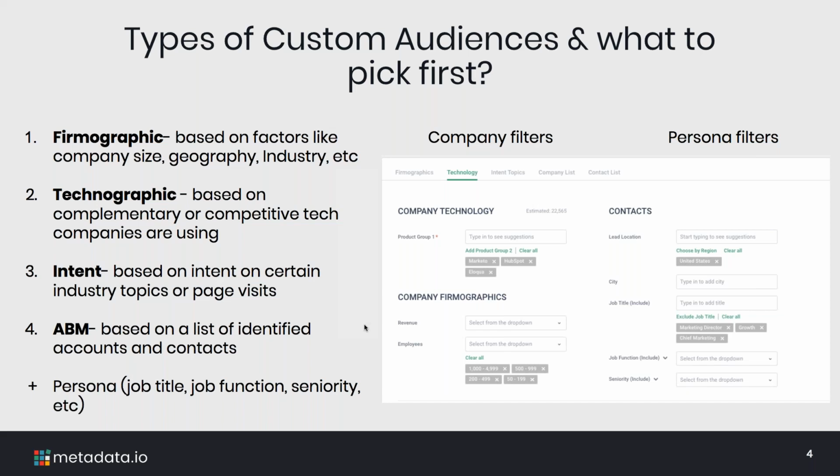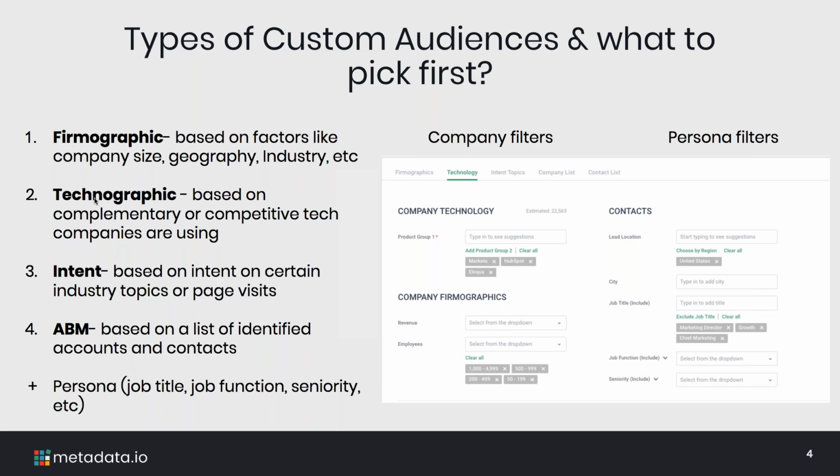So you get all these different types of filters to source a list of companies that would fit your ICP. And if you're familiar with the metadata platform, you will always have company filters on the left side of the custom audience page and contact filters on the right side. We'll go into best practices for each of these and how to get the biggest possible targeted audience.